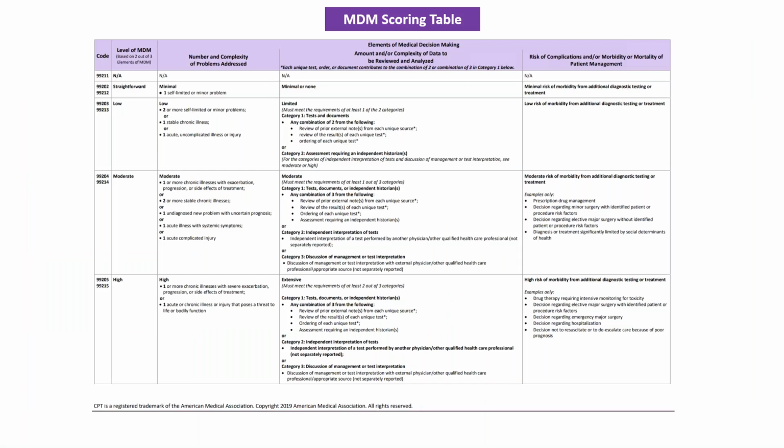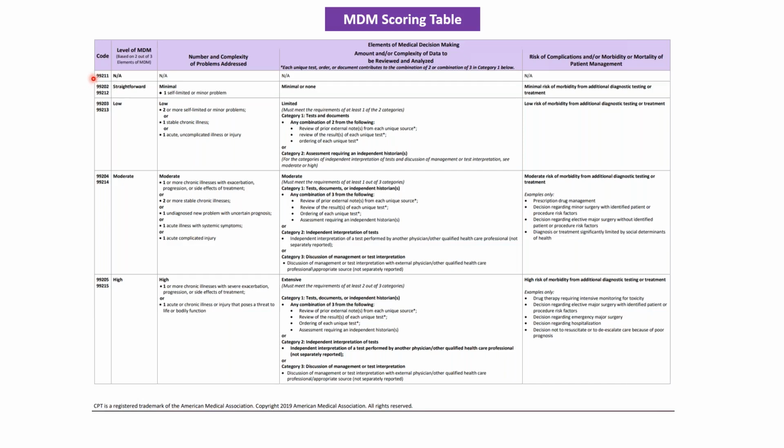So, in our... Is it in your handout? No. In your CPT manual, there is a scoring table that looks like this, and they call it your medical decision-making scoring table or something like that. So this is how you read it. You'll see your codes on the left.